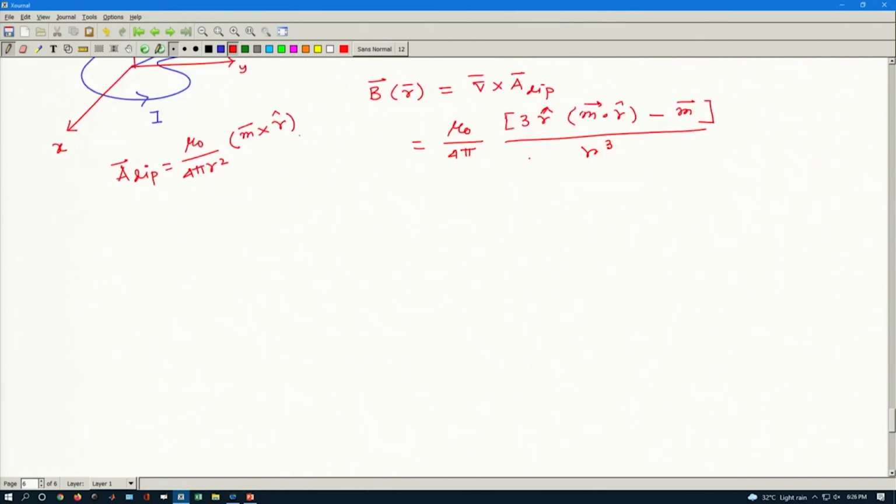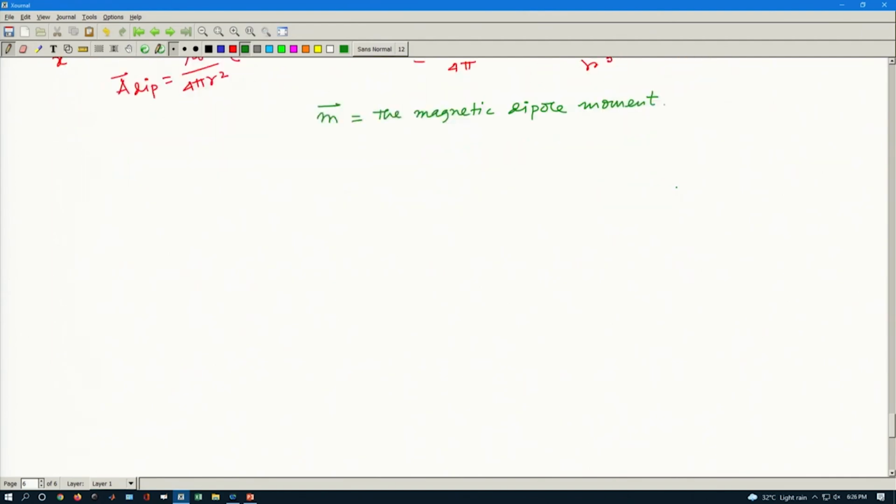Here m is the magnetic dipole moment. Now, for the electric field in electrostatics, let me remind you: E was minus grad phi, and for the dipole we had the dipole potential.